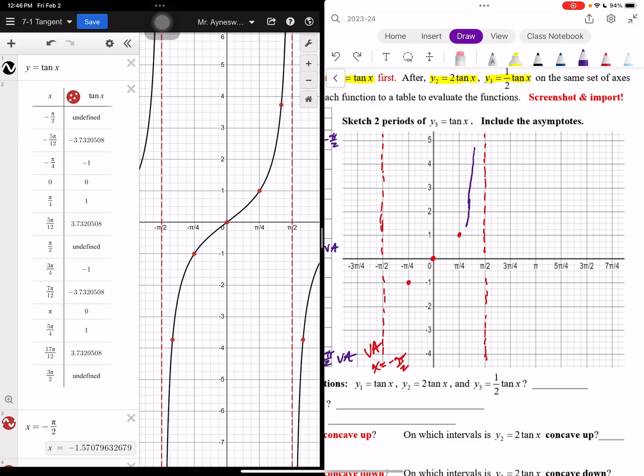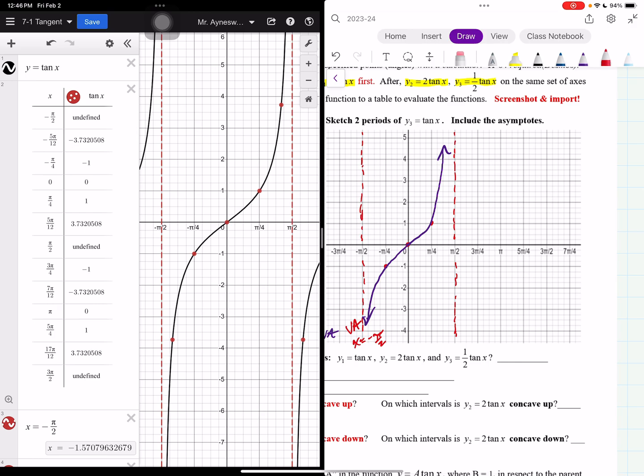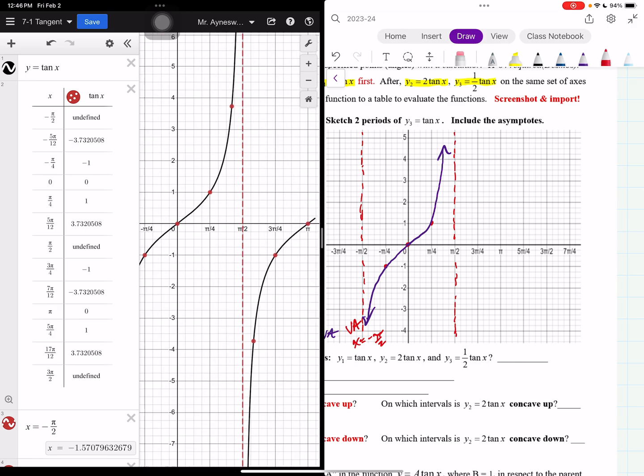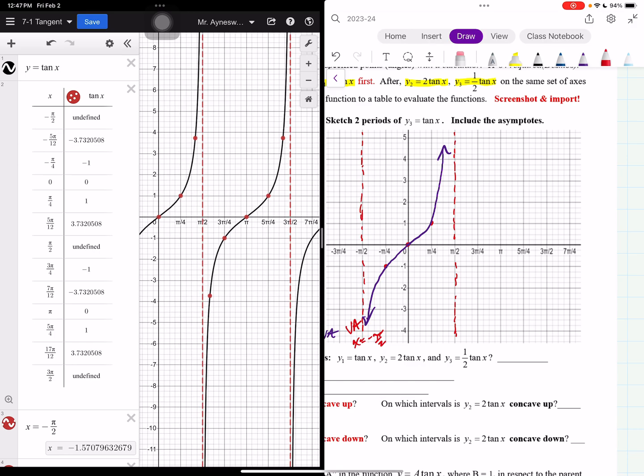Oops, let me try this over again. So it curves in a very special way. Okay, so that's one period of tangent, but it says graph 2 periods. So I'm going to graph the other, there we go, the other asymptote at 3/2 pi.